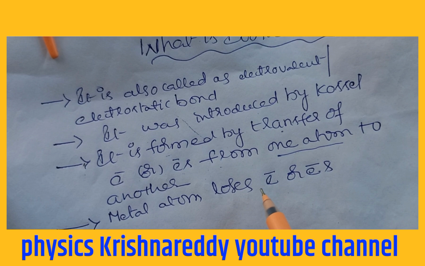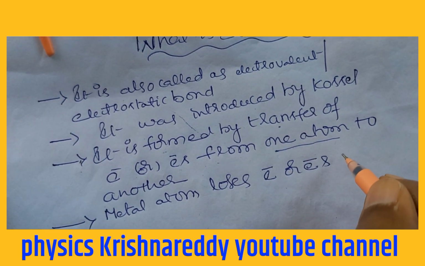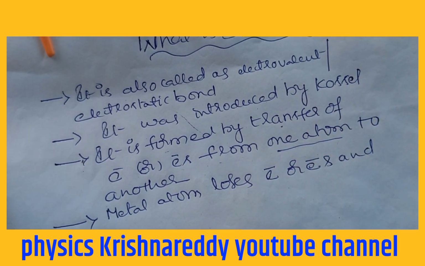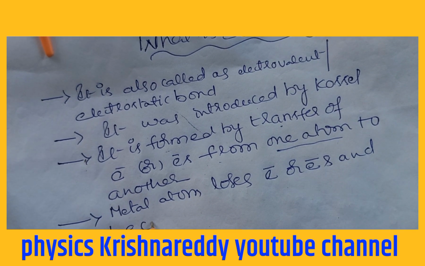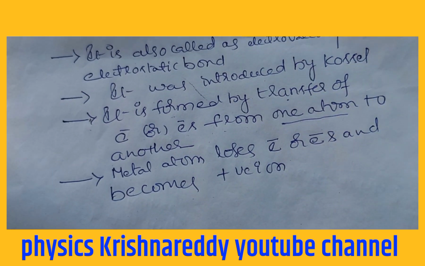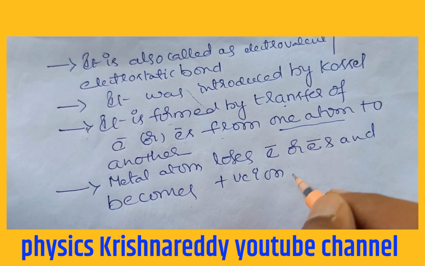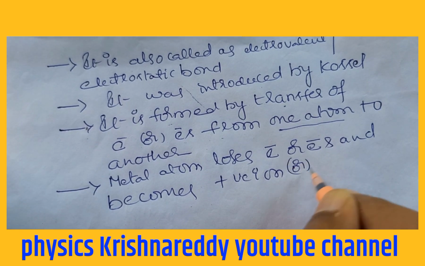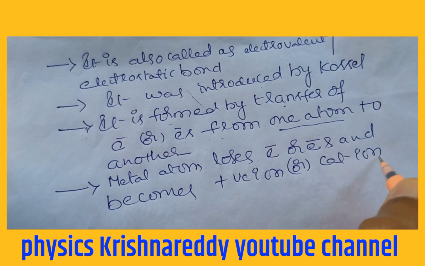So the metal atom loses electron or electrons and becomes a positive ion. Metal atom in the chemical reaction loses electron, becomes a positive ion, or it is also called cation.